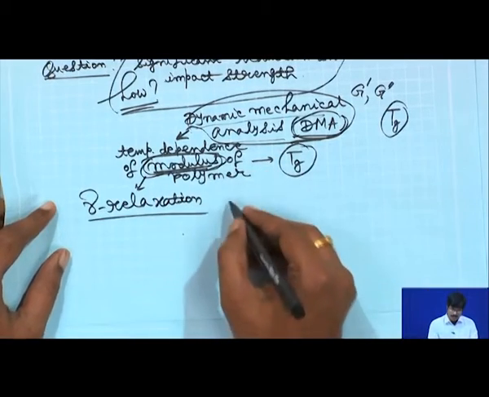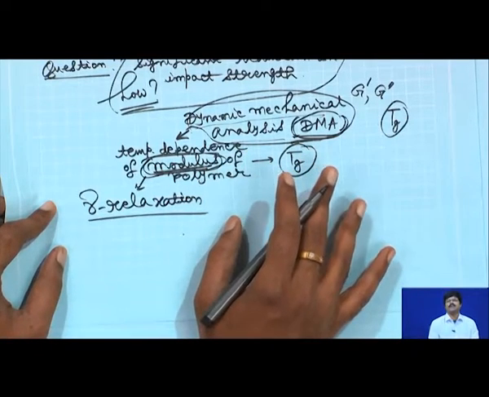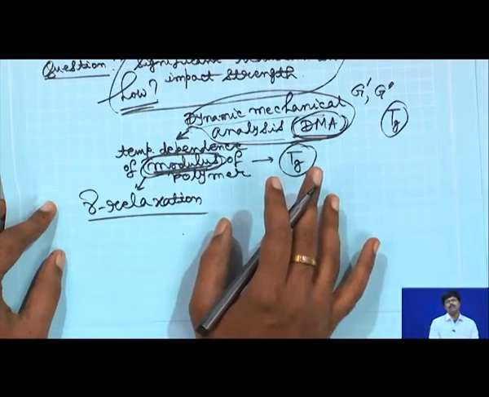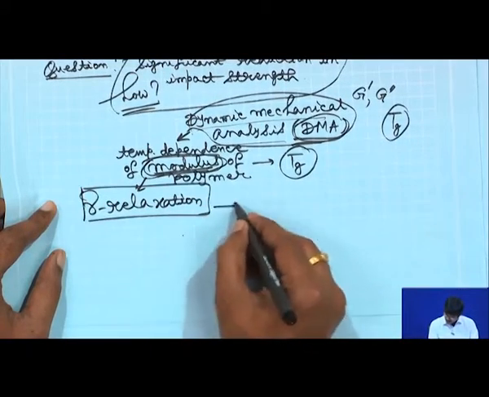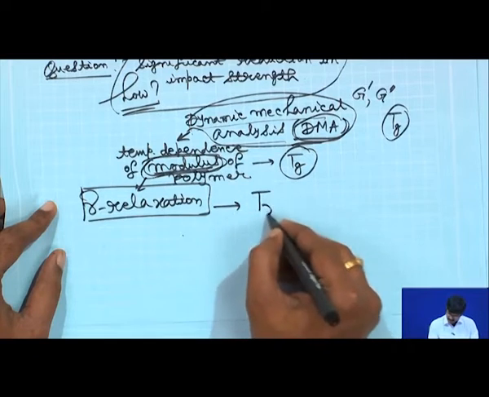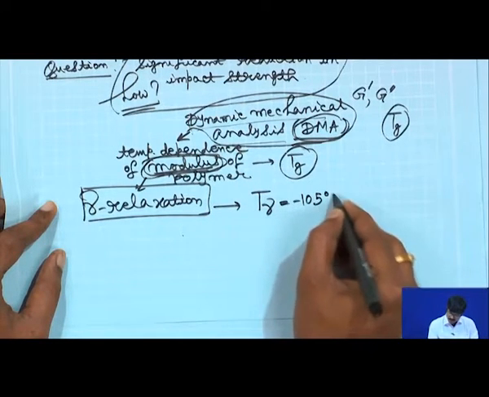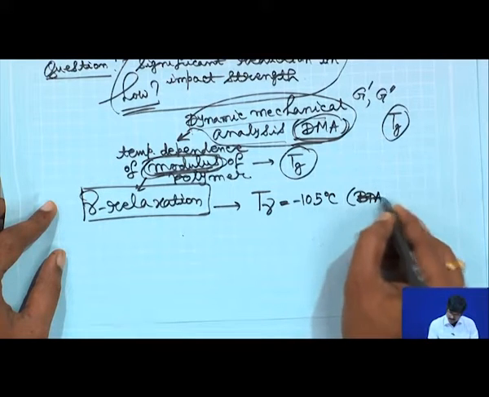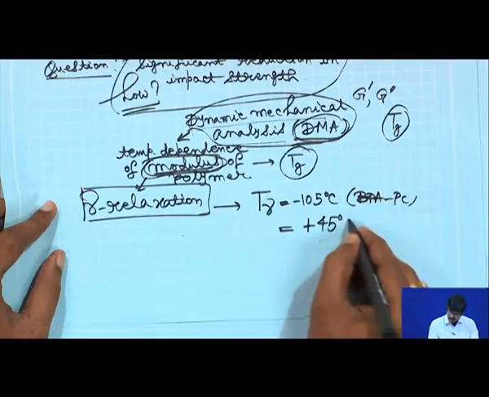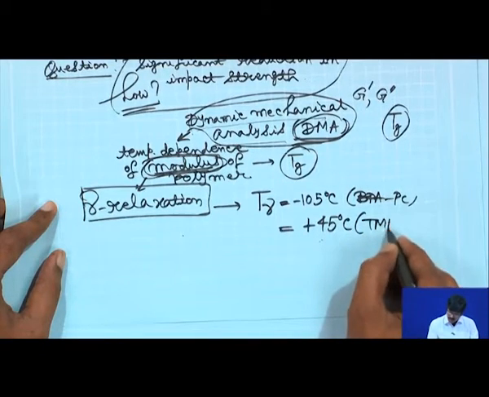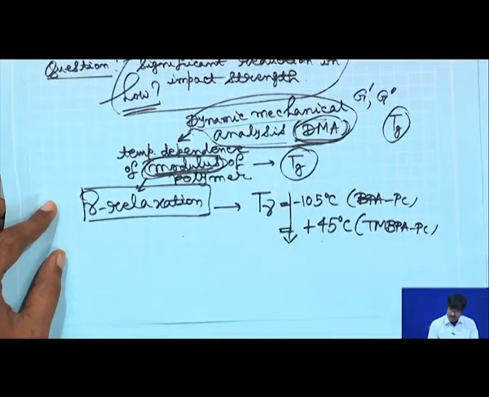That motion is not frozen at a temperature lower than glass transition temperature, unlike the popular belief for quite some time. The temperature of gamma relaxation, let us say T gamma, is around minus 105 degrees Celsius for bisphenol A polycarbonate. It goes up to around plus 45 degrees Celsius for the tetramethyl substituted counterpart. Huge change.